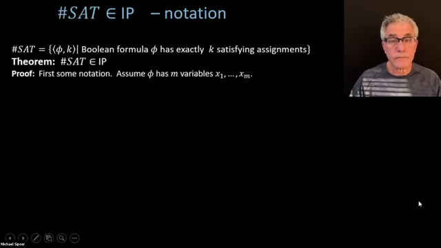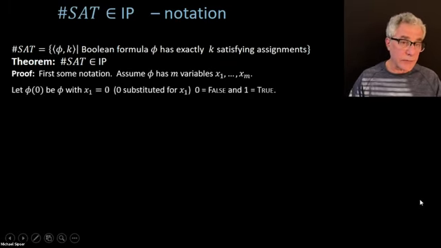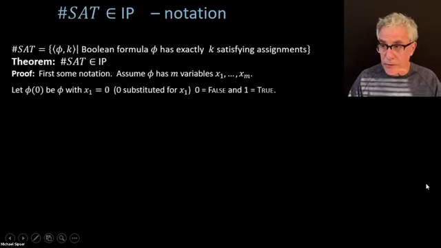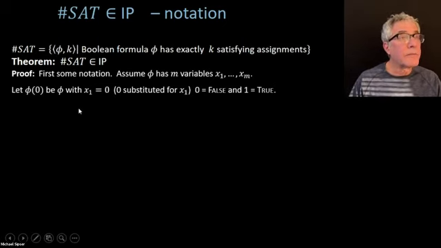All right. So, okay, we're going to have to introduce some notation, which I hope doesn't cause heartburn here. So let's say, again, here is the language we're working with, #SAT, and we have phi that has m variables, x1 to xm. Now, here's the notation.